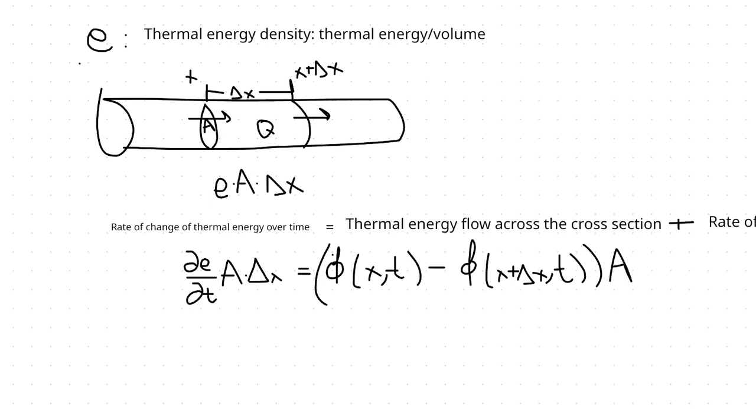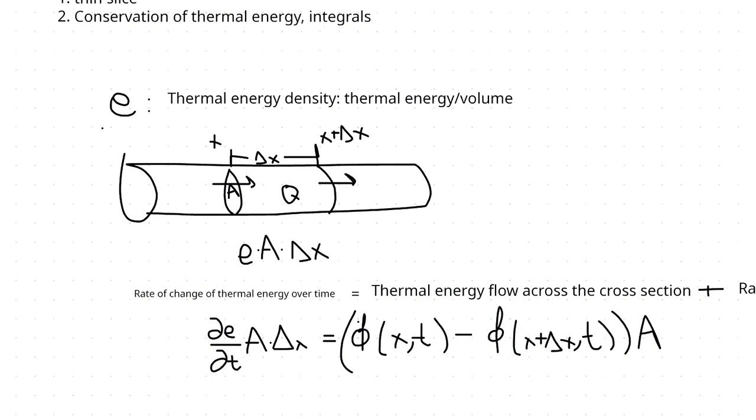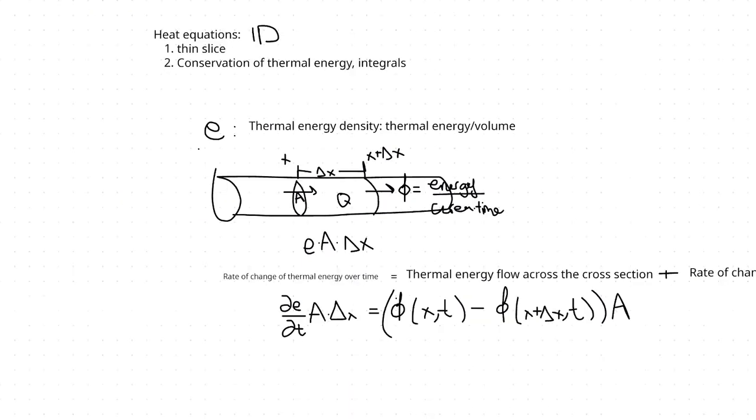So flux is just the amount of thermal energy coming out of this cross section per unit time. So we can say its units are energy over area times time. And we have to do this for both sides and subtract them to get the difference, so that we can figure out the changes.